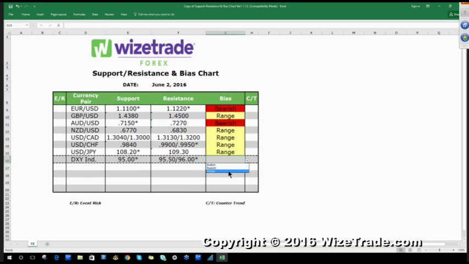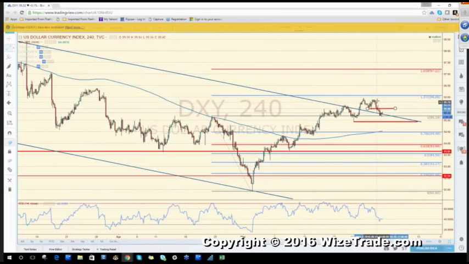And we're in a range, but we're threatening to go bullish if we can break above this 96. I don't think that's going to happen today. Again, I think a move above there would have to follow a really strong NFP, if we get that.